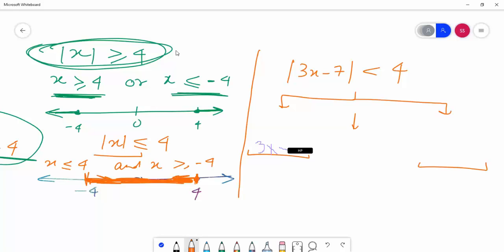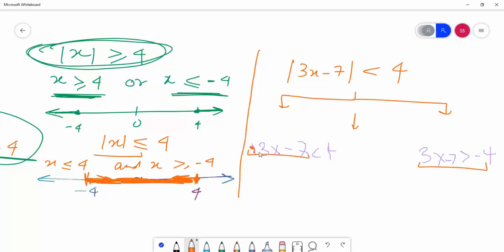3x minus 7 is less than 4, and then 3x minus 7 is greater than negative 4.